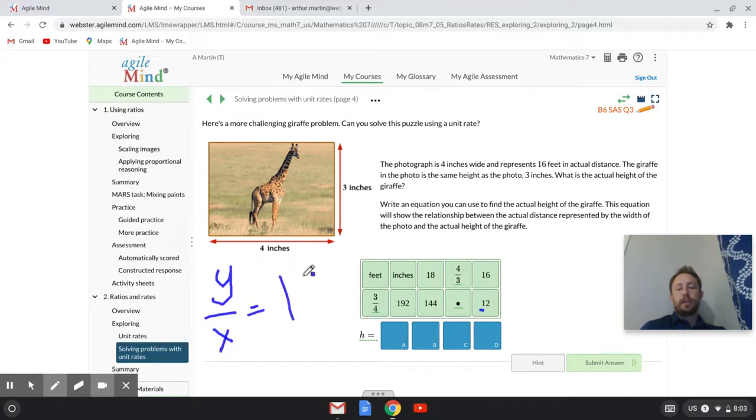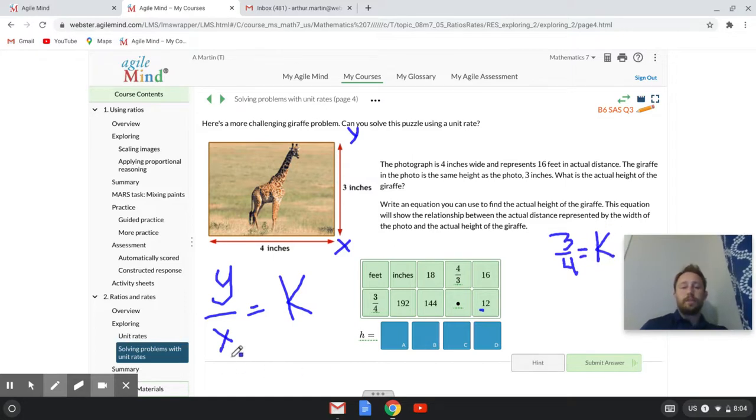And k is our constant of proportionality. So remember that this is y and this is x. X is our horizontal axis, y is our vertical axis. So if we do 3 divided by 4, that equals our constant of proportionality, or our k.